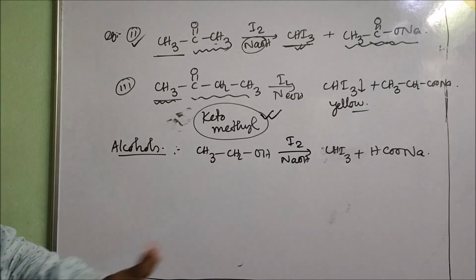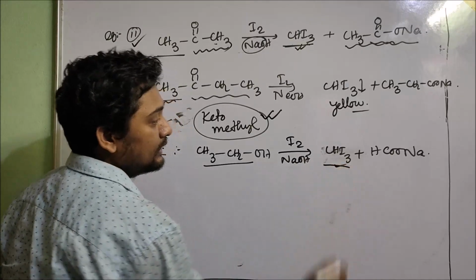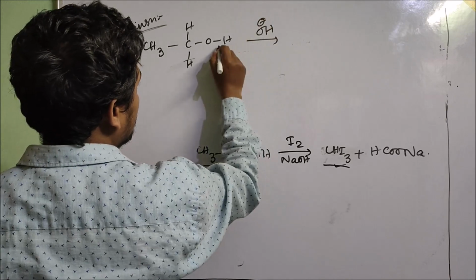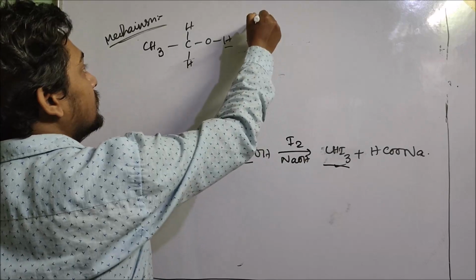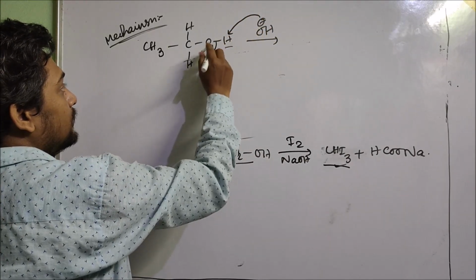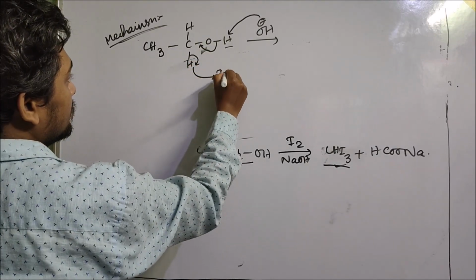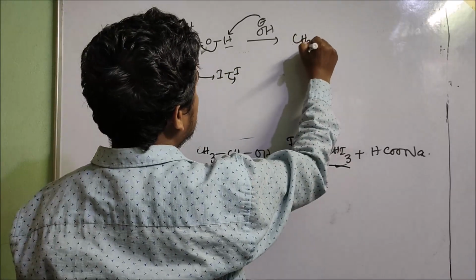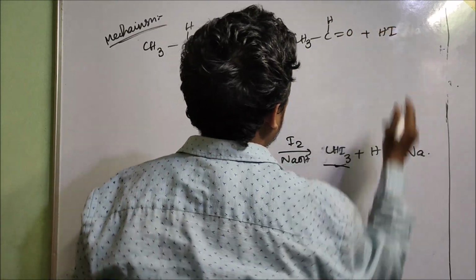Now I am showing the mechanism of how this compound converts into a keto-methyl compound. We have a base, and this is an acidic hydrogen because of the electronegativity. This OH will take this H plus, and the bonded electrons will go to make a bond with iodine. Now CH3CH double bond O plus HI.